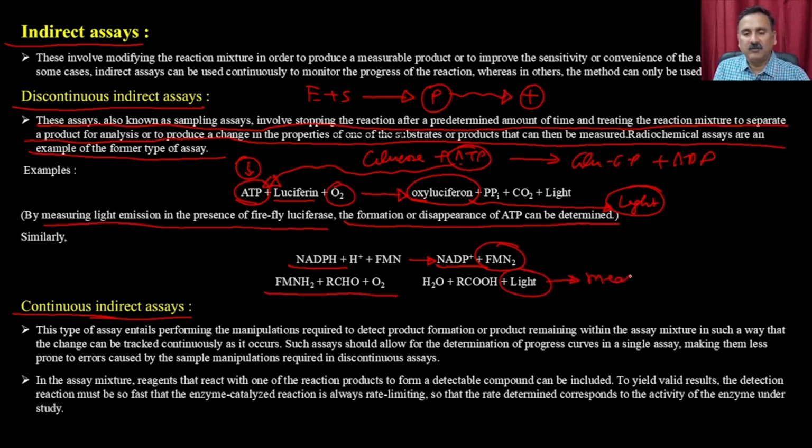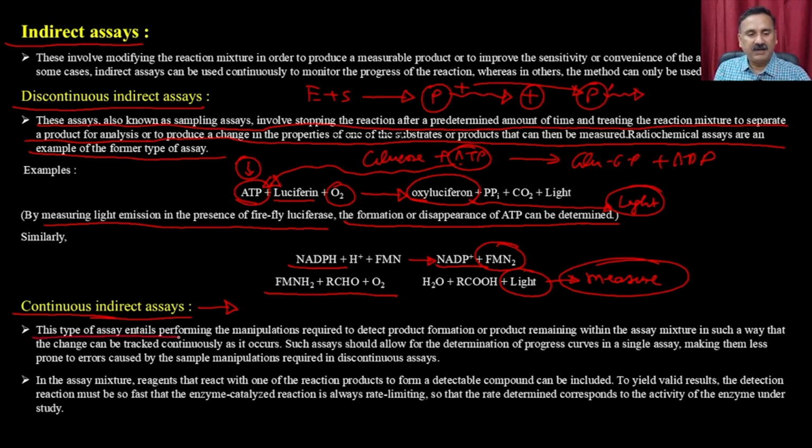So this is an indirect method, because after some time you have to take out these reactions and then measure the ATP. You cannot do it simultaneously. Then we have the continuous indirect assays. Here the measurements are indirect, which means the product is measured, but you don't have to take aliquots. You add something, and the product forms P prime, which has a unique property that can be measured.